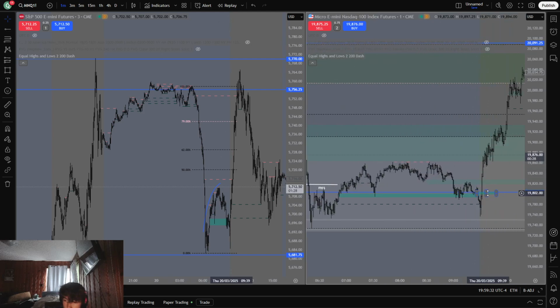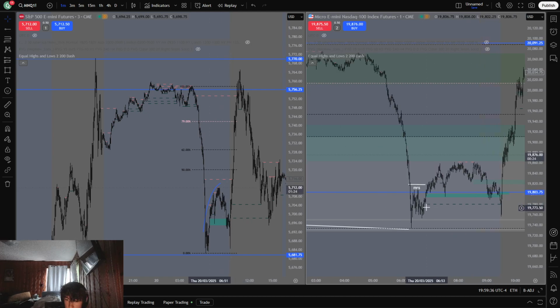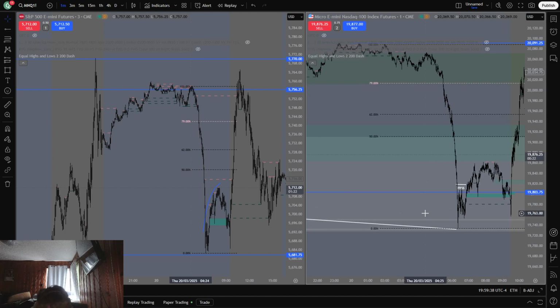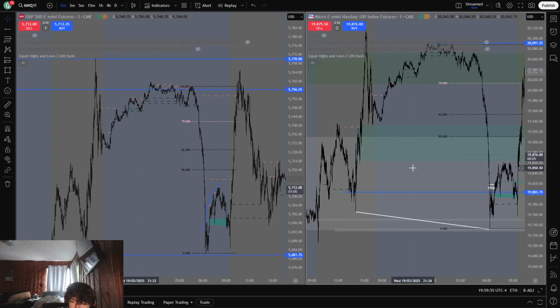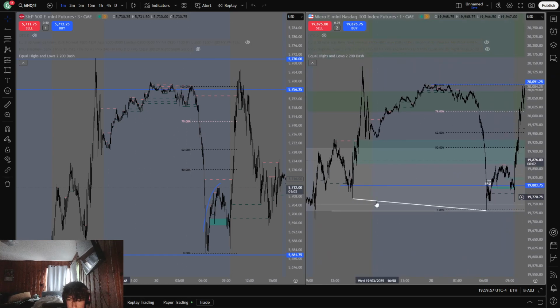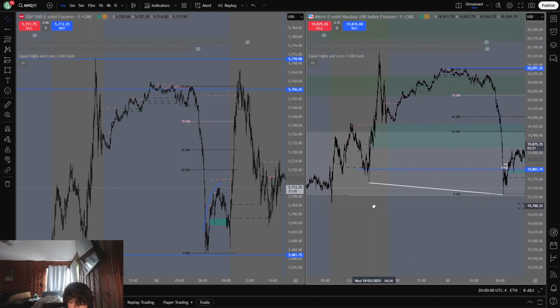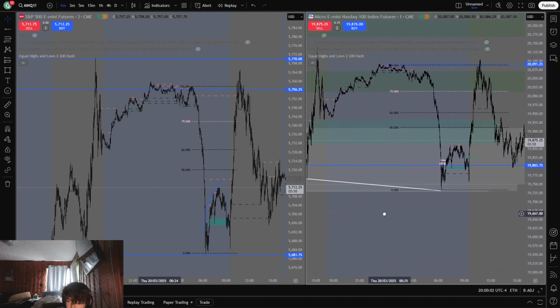We have the IFVG, we have elephant in the pool displacement, high time frame. We're respecting bullish PD arrays, and it's really just about what fair value gaps we're respecting, what lows and what highs we're respecting. I feel like the Justin DOL video helped me so much. I watched that yesterday and it helped me tremendously. It's really just about what high time frame PD arrays are respecting, and what is price telling us.